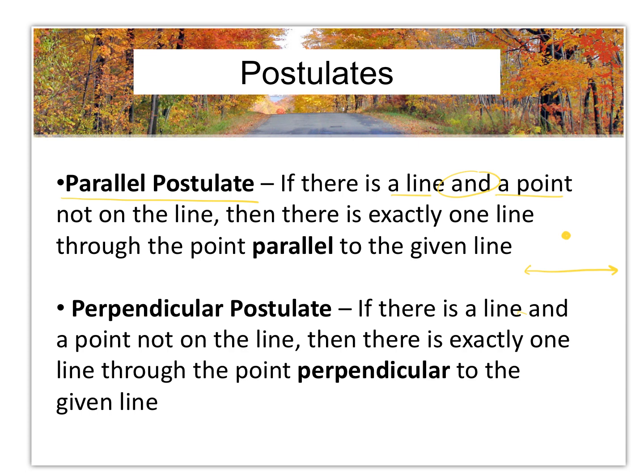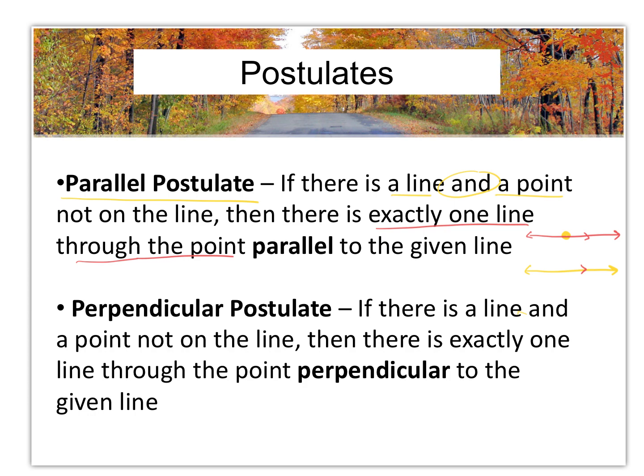What this postulate is saying is that I'm only going to be able to draw exactly one line through the point that will be parallel to the original line. I can't draw an infinite amount or more than one. I can only draw one parallel line through that point. So this would be parallel to that.